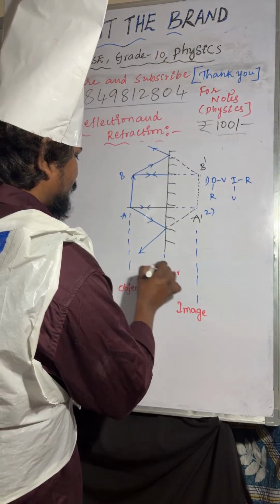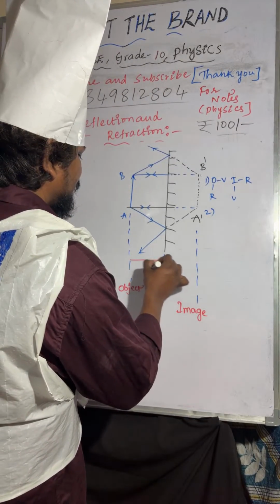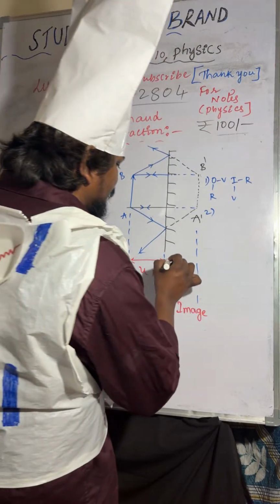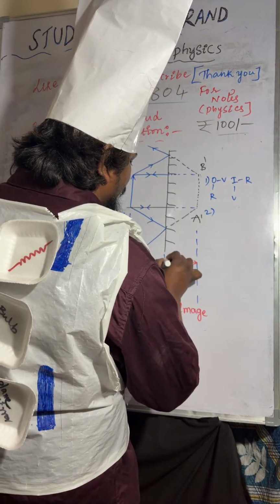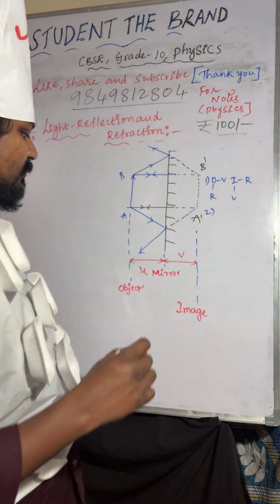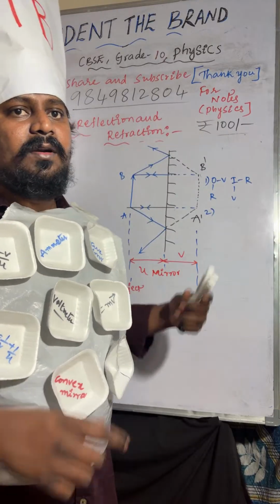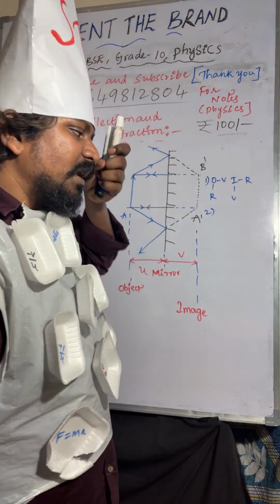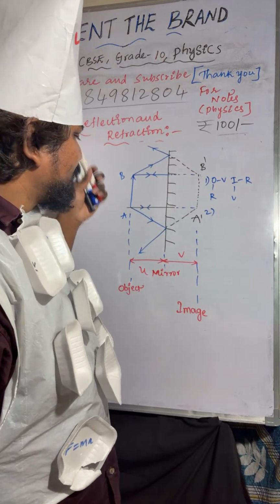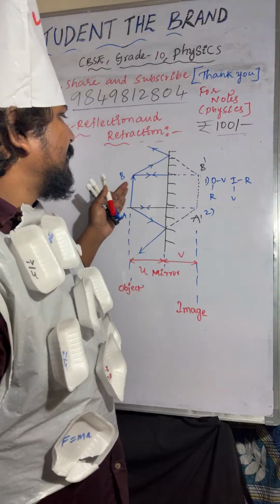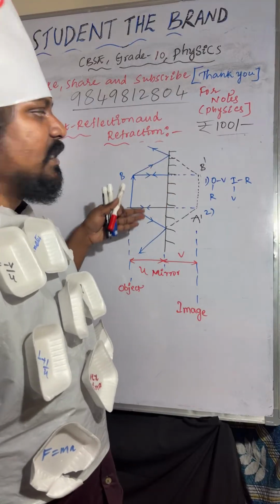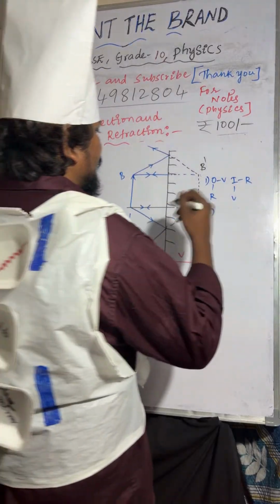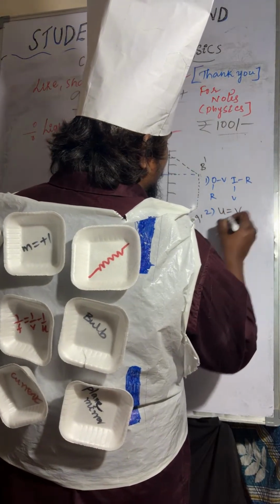The distance between object and mirror is called object distance. The distance between mirror and image is called image distance. Very important: even for the concave mirror and convex mirror, and in the plane mirror also, we will use these points. So object distance is equal to image distance.